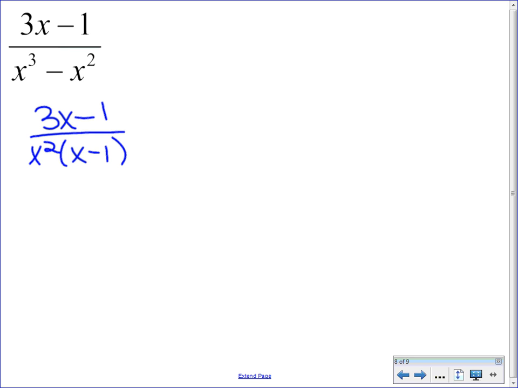Be careful. X squared. Is it a repeated linear factor or is it quadratic? It is a repeated linear factor. Y equals x is a linear function. And so x squared is a repeated linear factor.